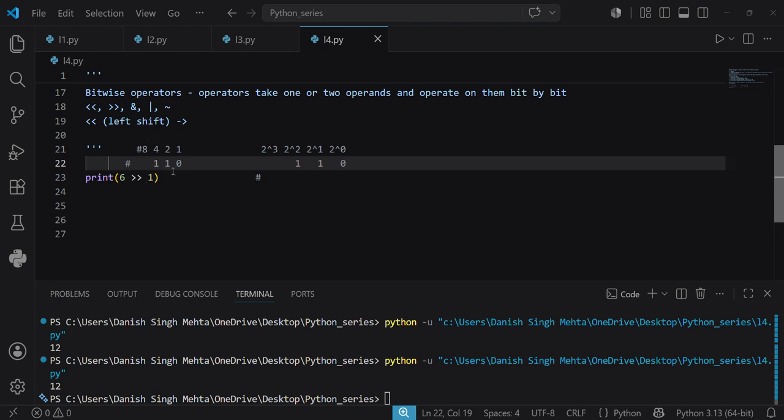This is 6. So we have to do right shift by 1, towards right.